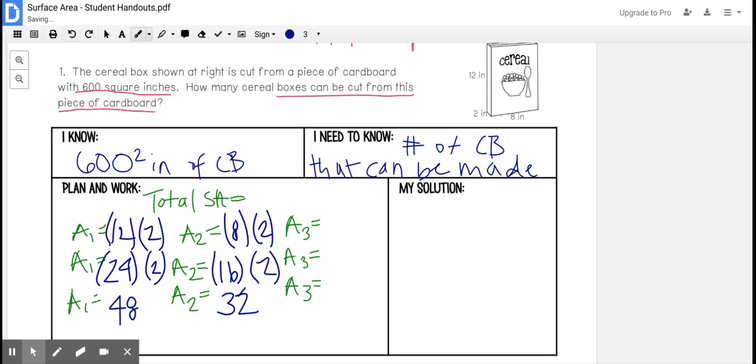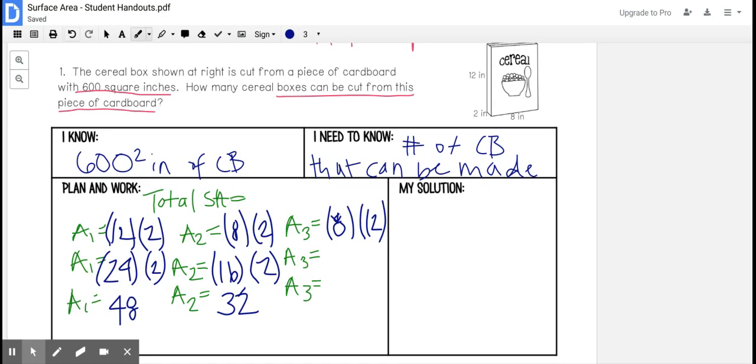Give me a second because it's loading. And 8 times 12. There we go. So 8 times 12 we know is 96 inches.